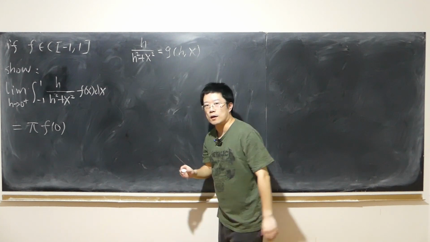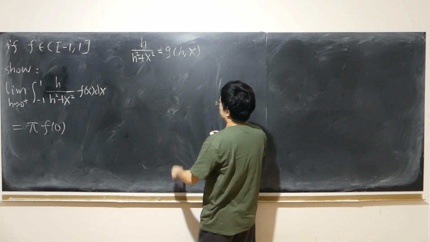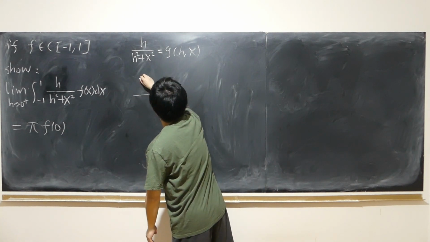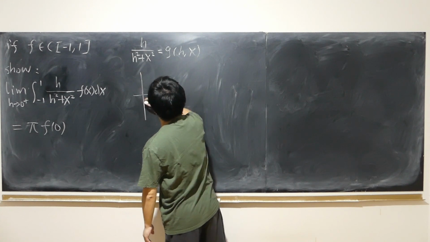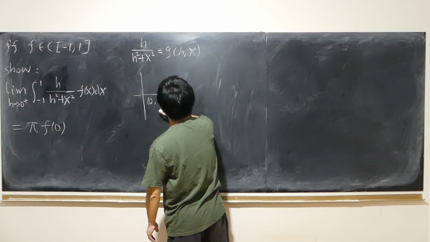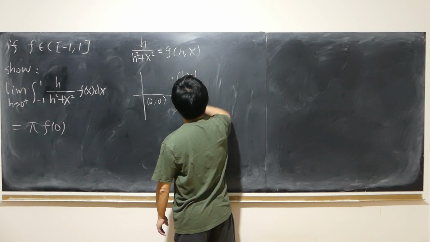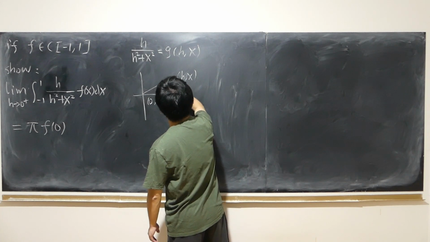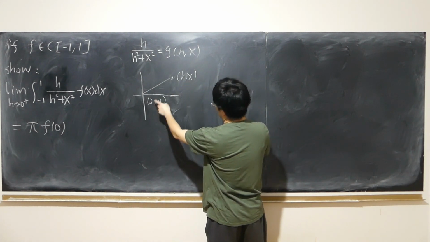It may not even have a limit. So if you treat h and x as a vector, here is the point 0, 0, and here is a point h, x, a vector. Now, it says h, x approaches 0, 0.